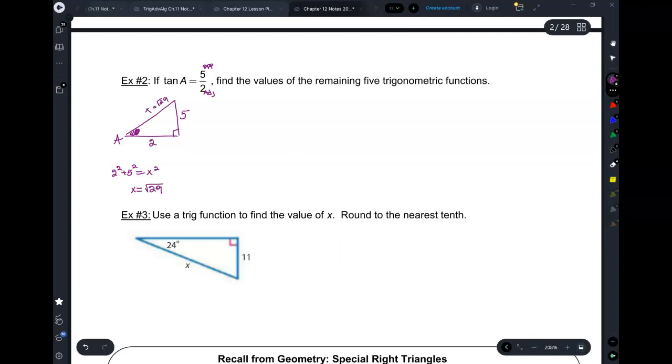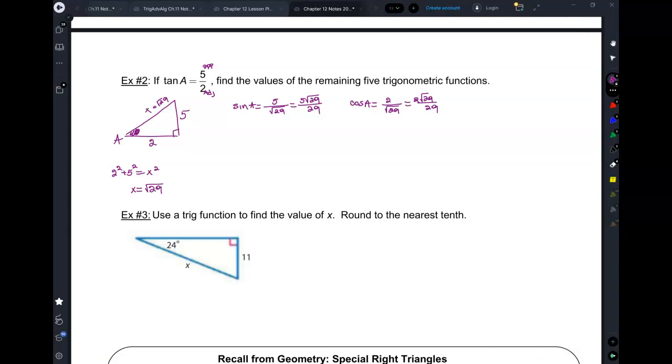So now sine of A is going to be opposite, 5 over root 29. We have to rationalize though. So we get this. Now cosine of A is 2 over root 29, which is 2 root 29 over 29.